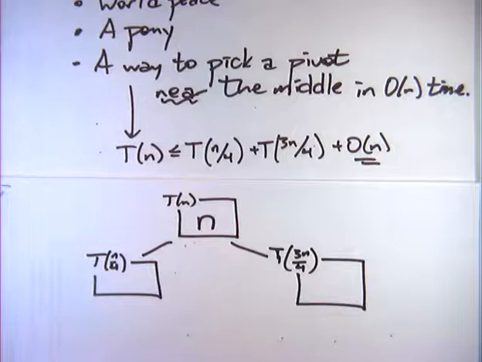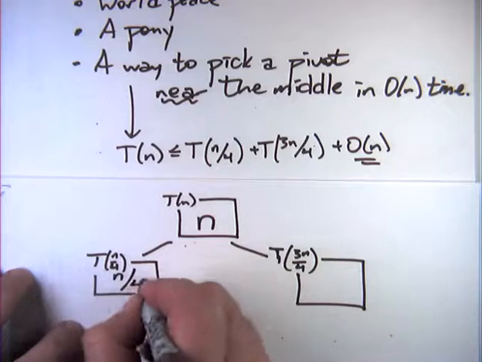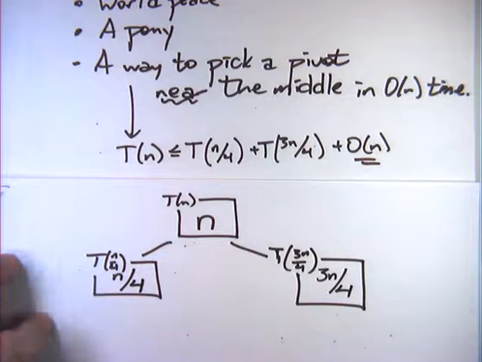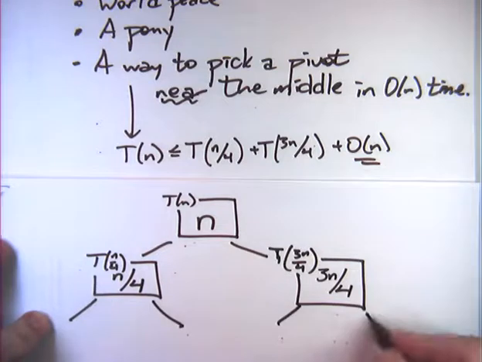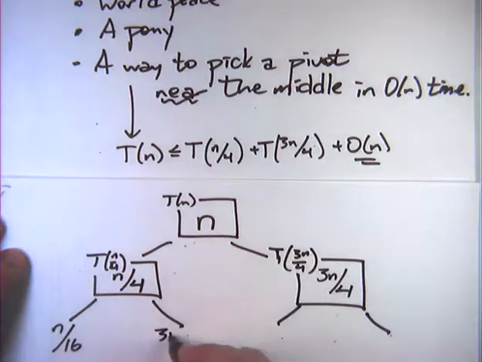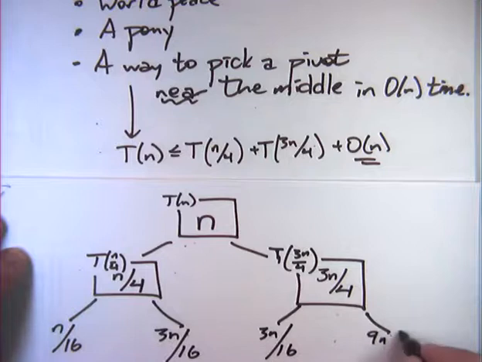So the work within that stack frame is linear. I need linear time to find the pivot element plus linear time to actually do the partition. That comes out to linear. Now in the smaller of the two subproblems, I'm going to spend n over 4 time not counting recursion. In the larger, I'm going to spend 3n over 4 time not counting the recursion. And each of these is going to have 2 smaller subproblems. And so on, and so on, and so on.